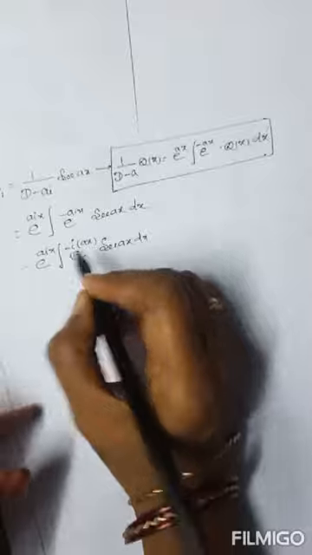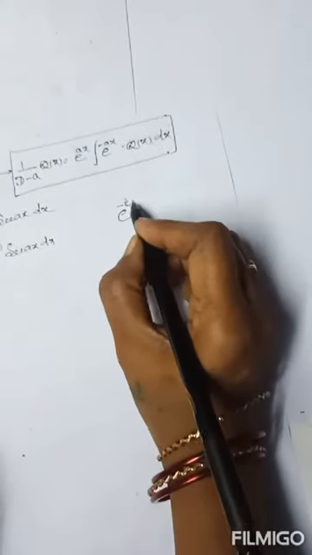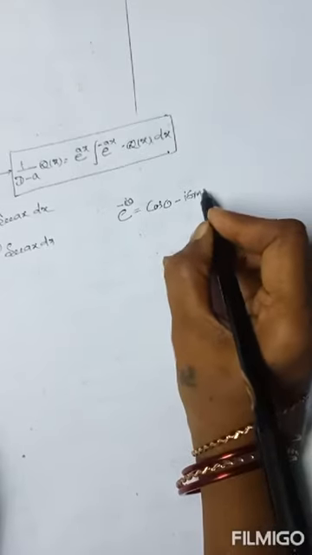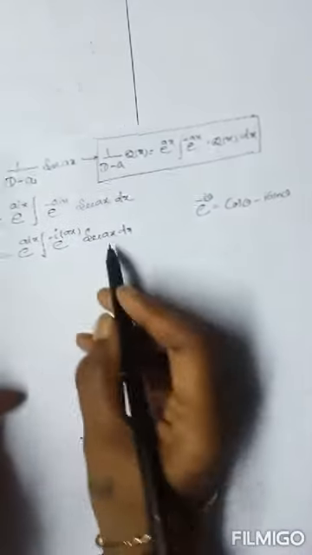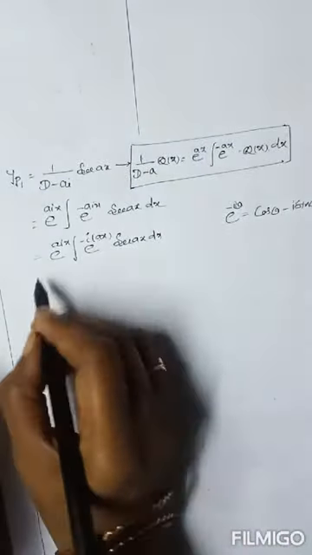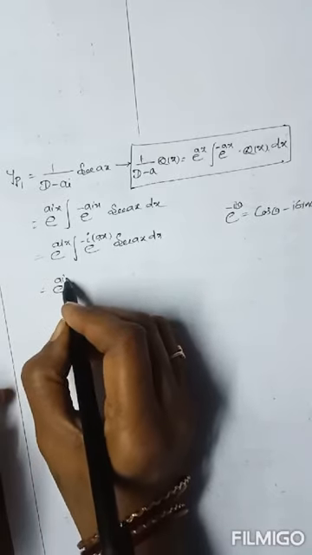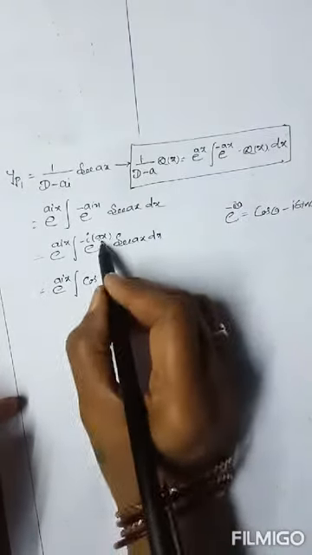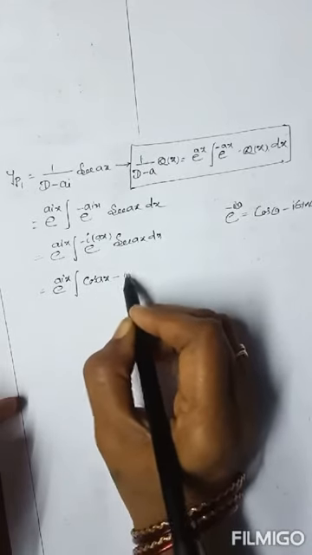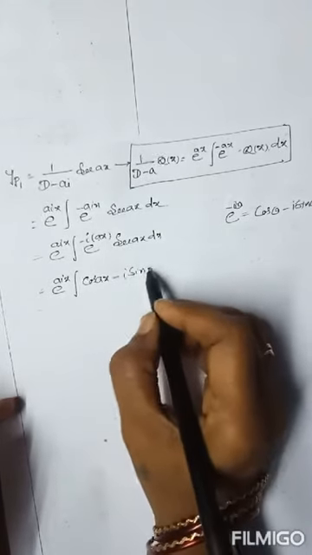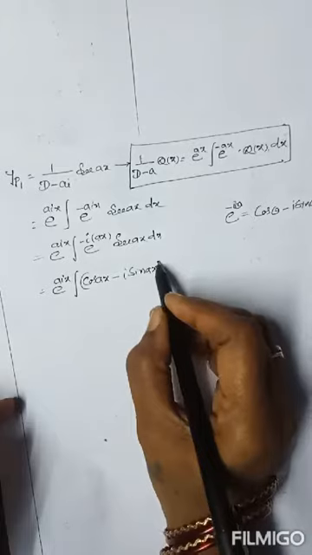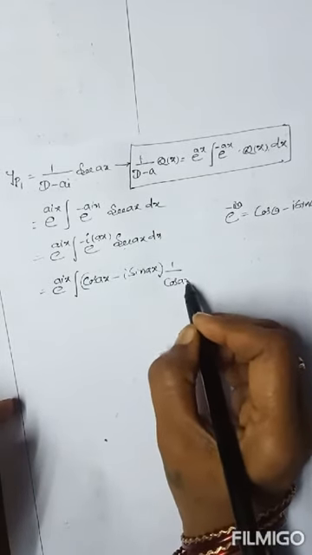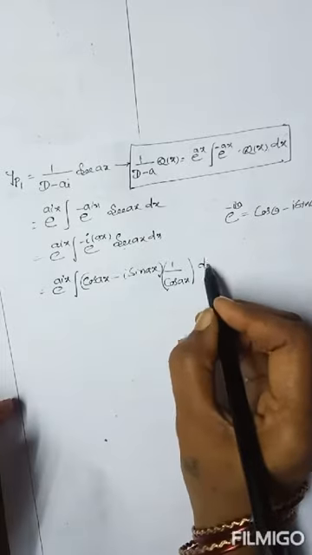Now this is similar to e power minus i theta, also written as cos theta minus i sin theta. To integrate this type of function, we have to write the expansion of this one. E power aix is cos theta, in place of theta ax, minus i sin theta, theta is here ax. Outside of the bracket, secant can be written as 1 by cos ax into dx.